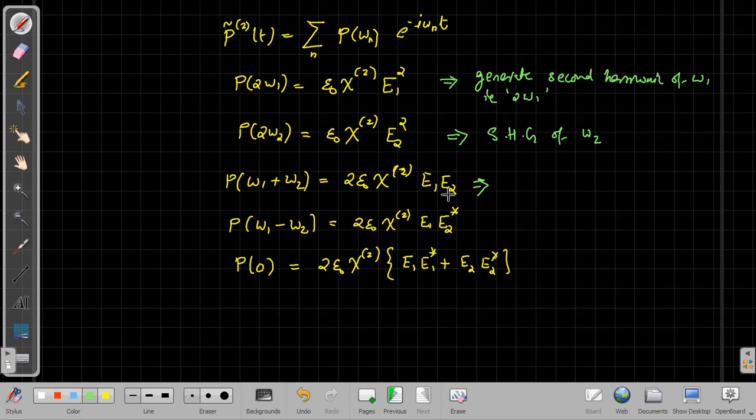The third term is actually oscillating with frequency omega 1 plus omega 2. So that means it is oscillating as a sum of two frequencies.